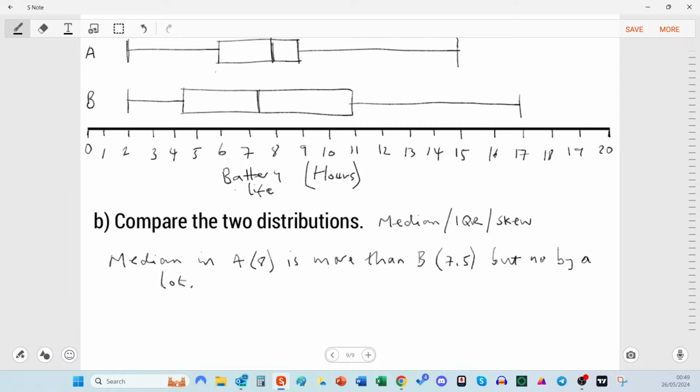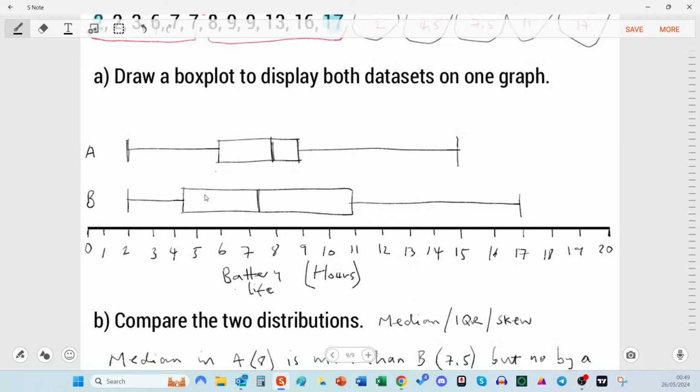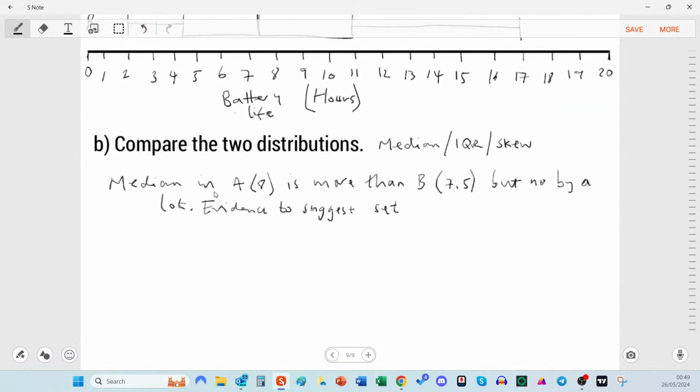So that would be evidence to suggest that, well, they're called sets, yeah, the set A lasts longer in general.